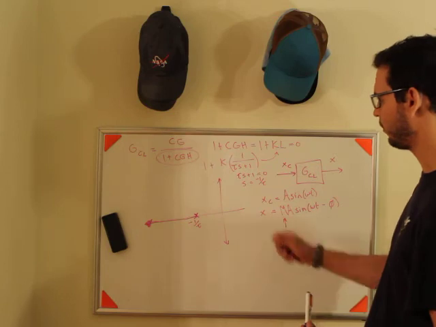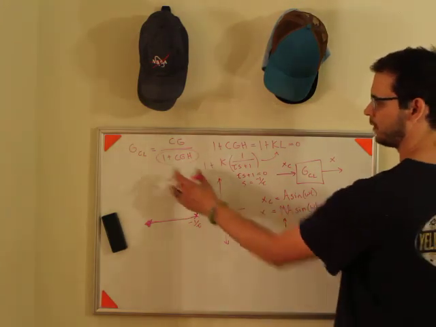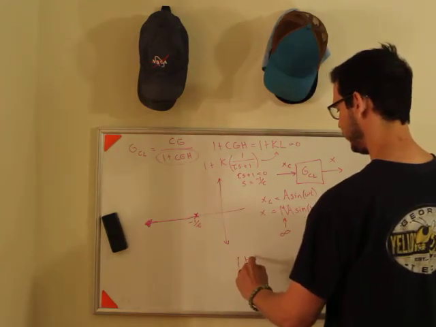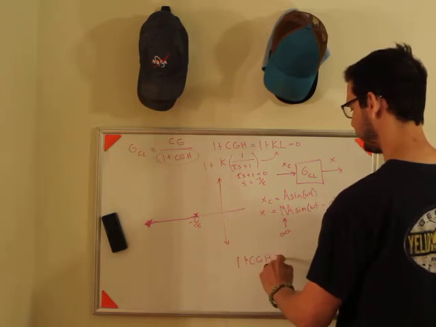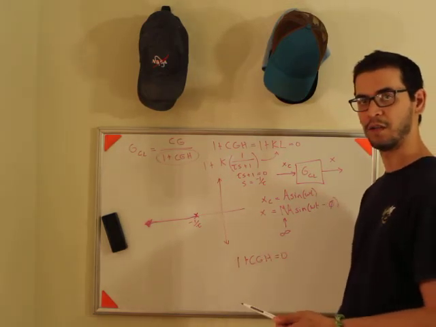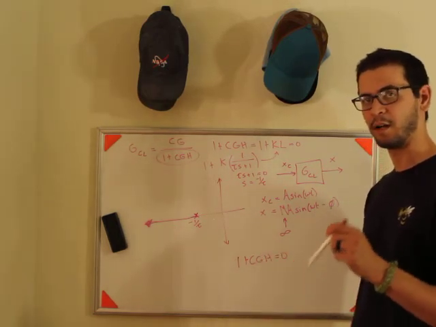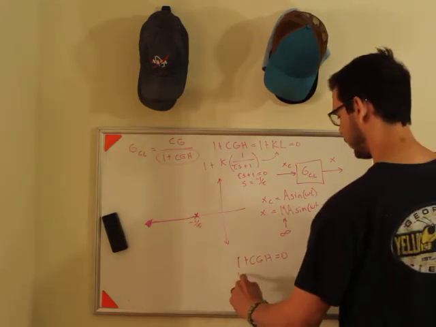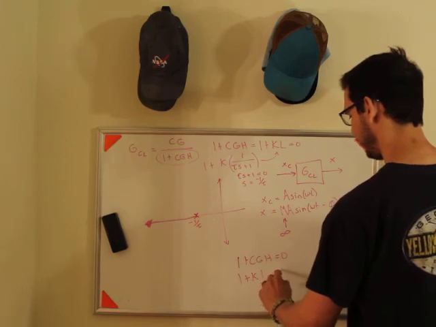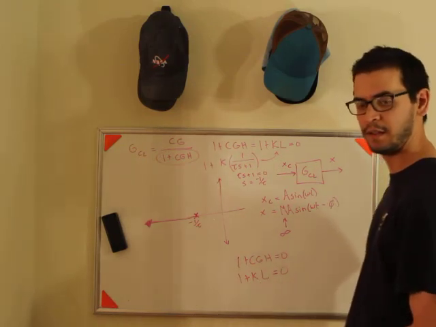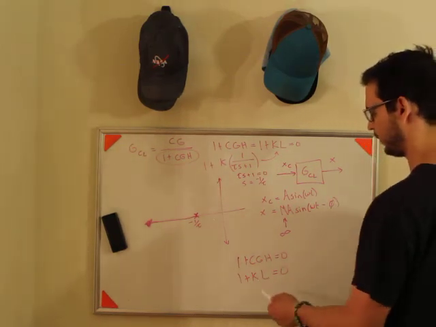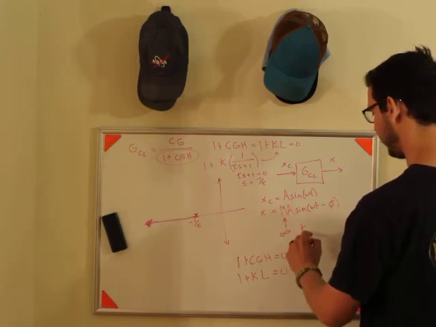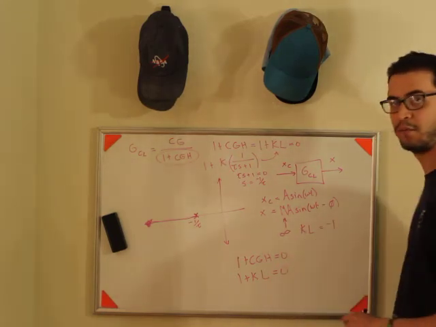In this case, for M to go to infinity, you need 1 plus GH to go to 0. It's actually at any of your poles, but in this case we're not looking at our poles because we're in the frequency domain. What we really care about is 1 plus KL in the frequency domain equals 0. So if we're in the frequency domain, how does this work? Well, it means KL has to equal -1.